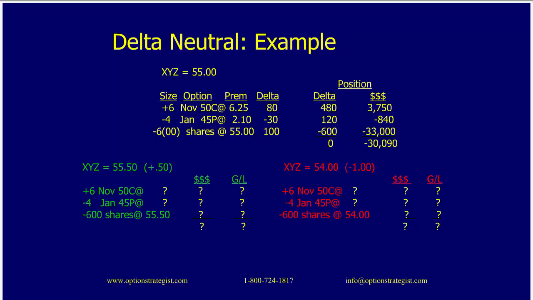All right. Now, what I'll do up here, I'm going to see what happens as the stock goes up 50 cents and as it goes down $1. Okay, so let's look. I'll put them all up so we could see it all at one time.